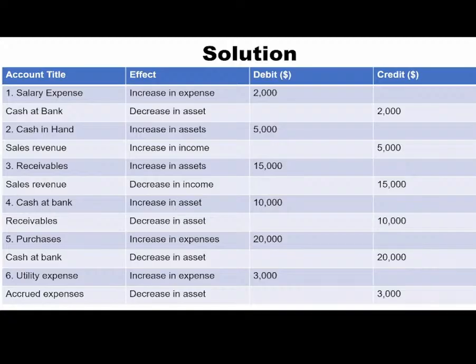So we credit the 20,000. Then utility expense unpaid will increase the expense, we debit the 3,000, and also increase in liability for the accrued expense.